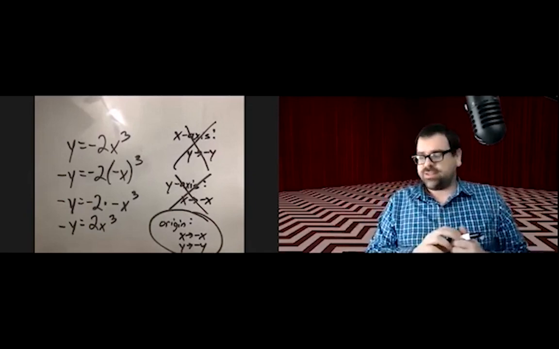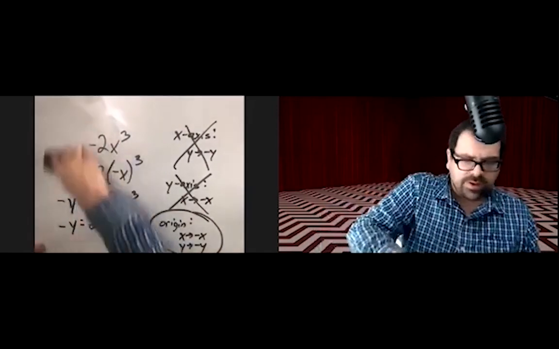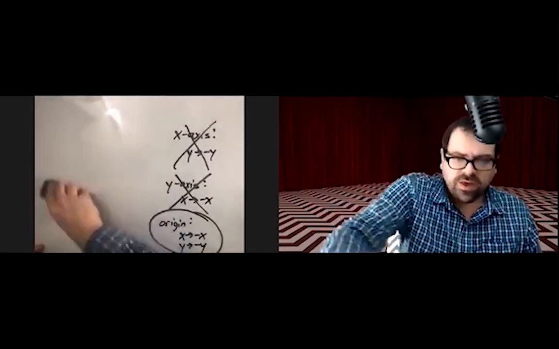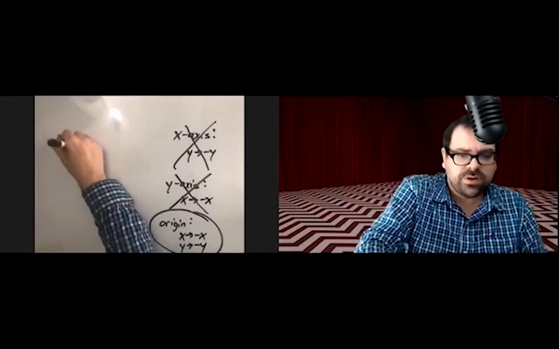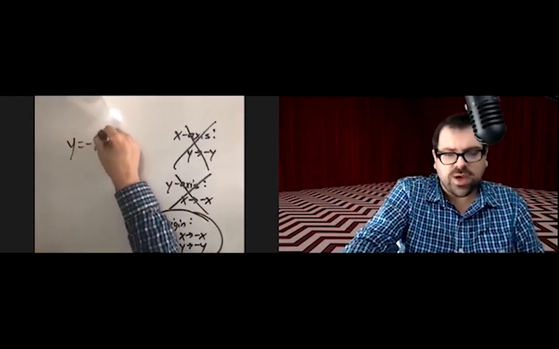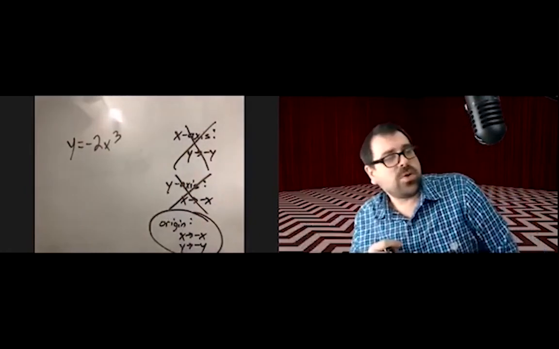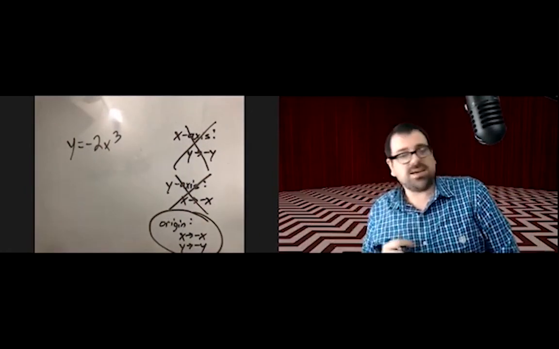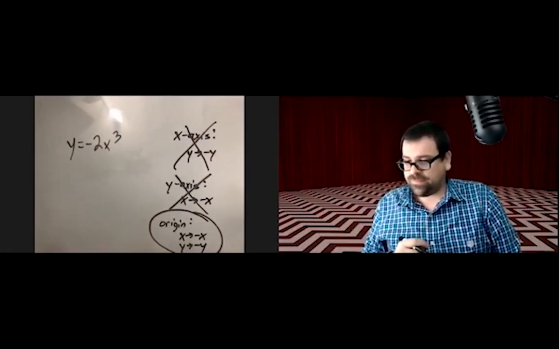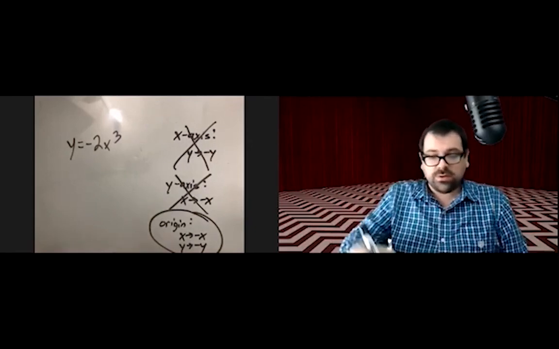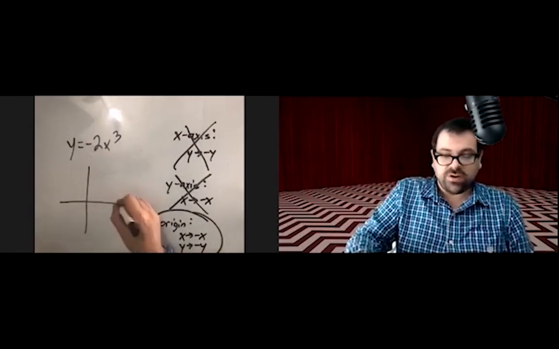And how do we graph this? Can we verify that y equals negative 2x cubed doesn't have x or y symmetry, but it does have origin symmetry? Well, what's the parent function?